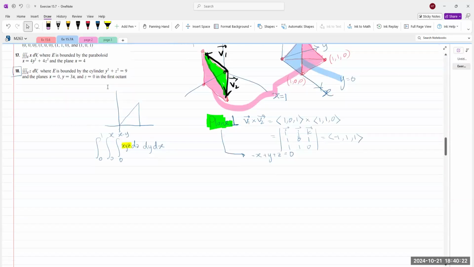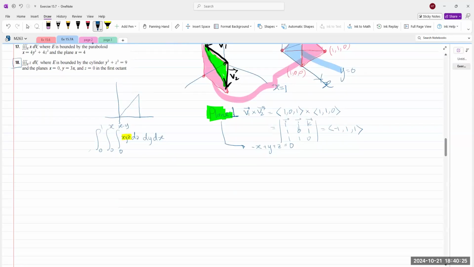Now let's integrate that. Let me move it here so that I can get two columns later on. Integral from 0 to 1, integral from 0 to x, 1/2 xyz squared from 0 to x minus y, so there will be x minus y squared dy dx. Now integrate with respect to y.